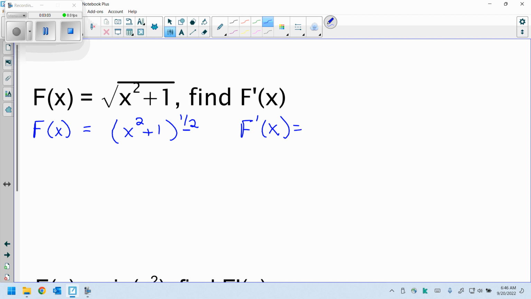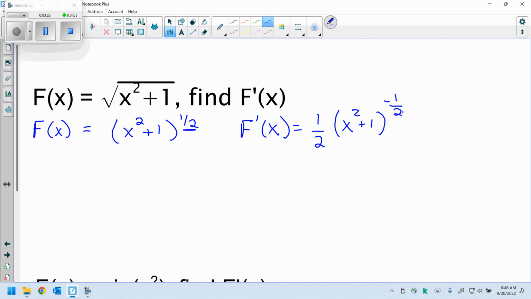Well, what's outside is this exponent. When we have something to an exponent, what do we do? Well, we bring that exponent around front. Don't mess with what's inside. And then we decrease that exponent by 1, which makes our new exponent negative a half.